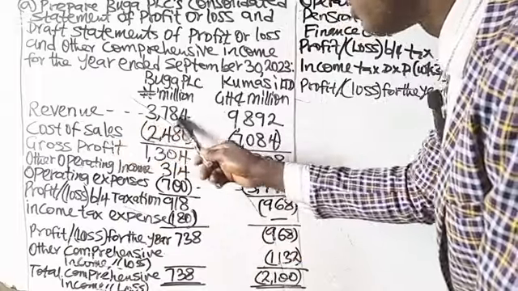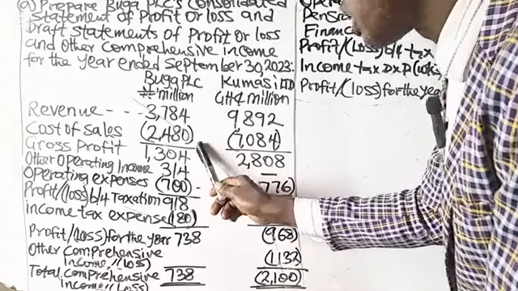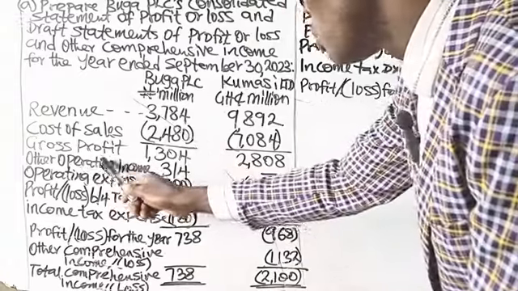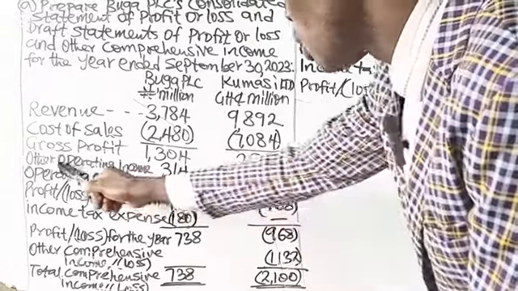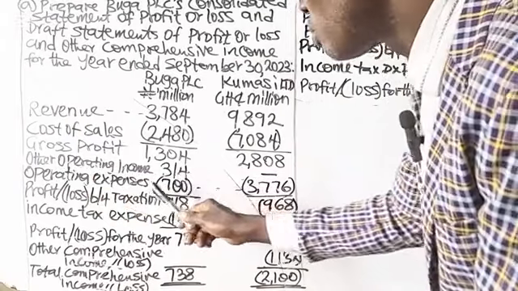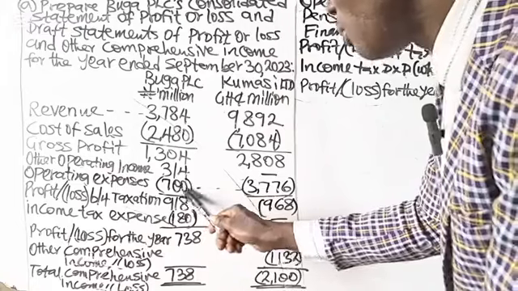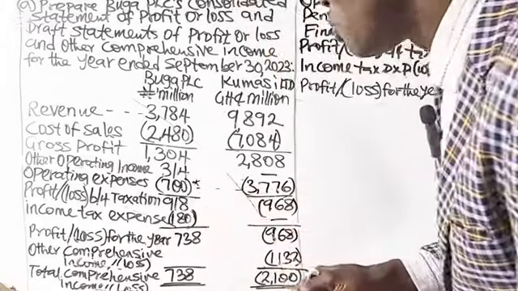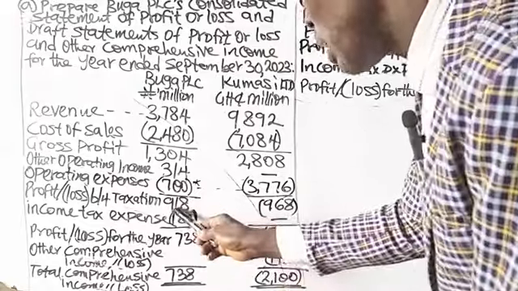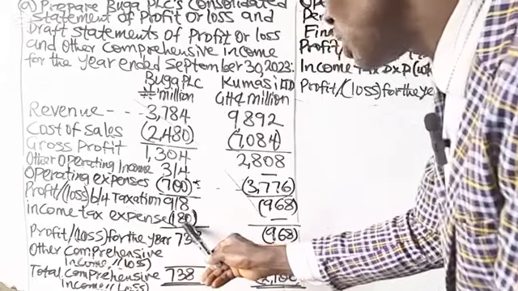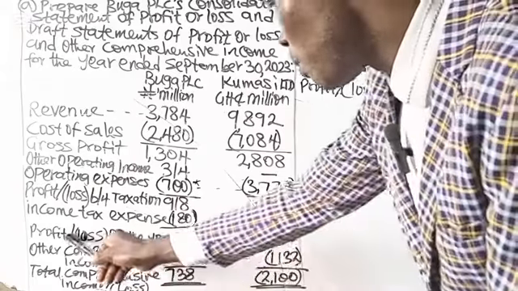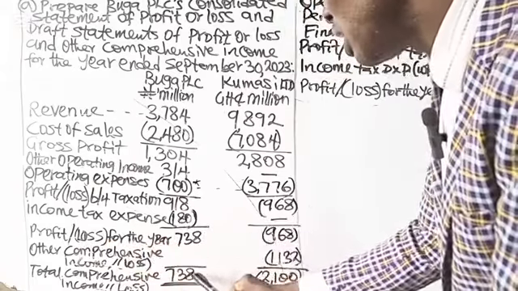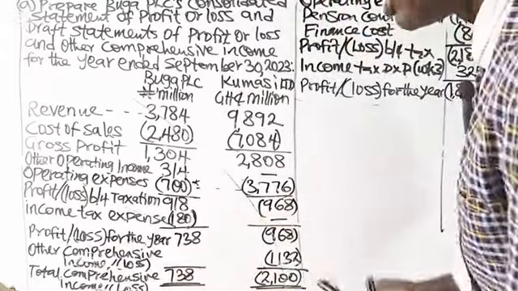We have revenue 3784, cost of sales 2480, then gross profit of 1304, other operating income 314, then operating expense 700. But this will require some adjustments. Then we have profit or loss before taxation 918, then income tax expense 180, then profit or loss for the year 738. So we want to record them now.